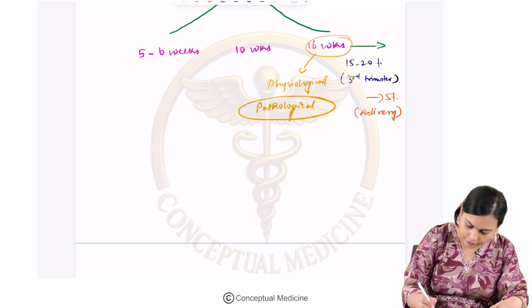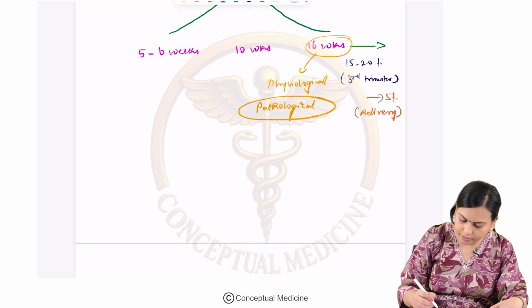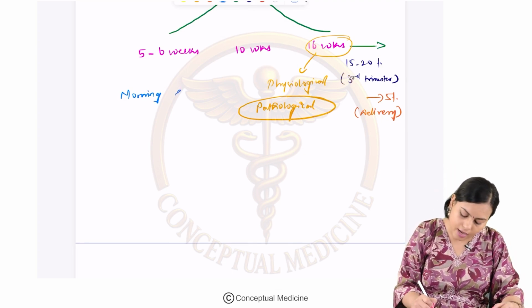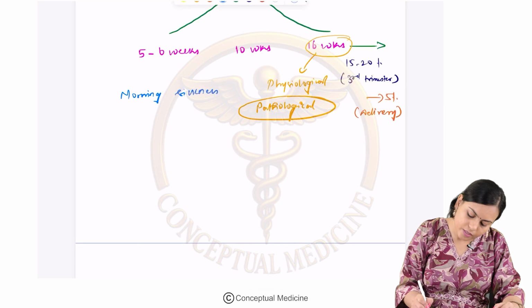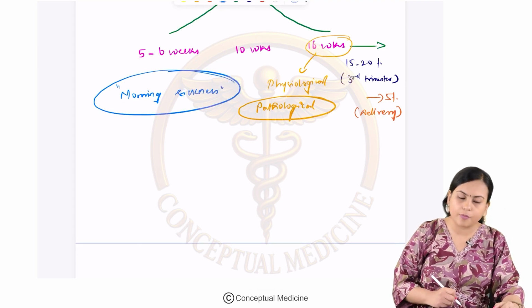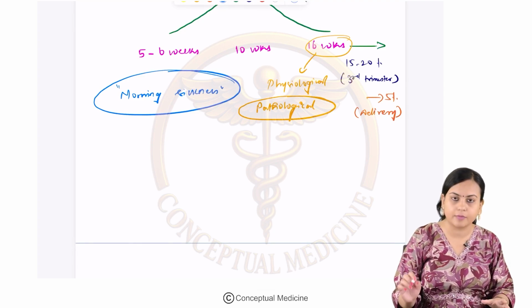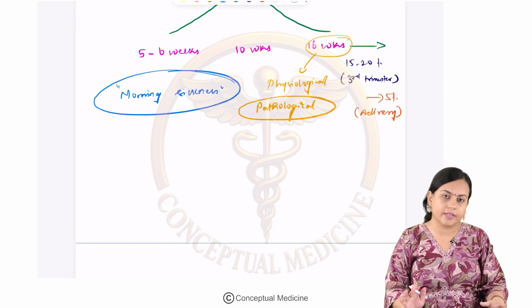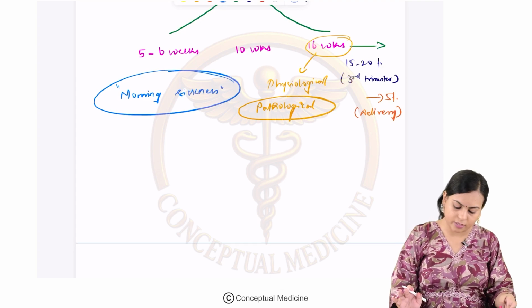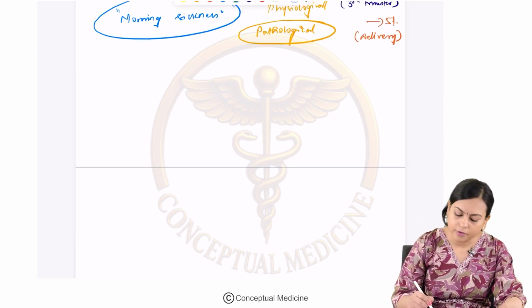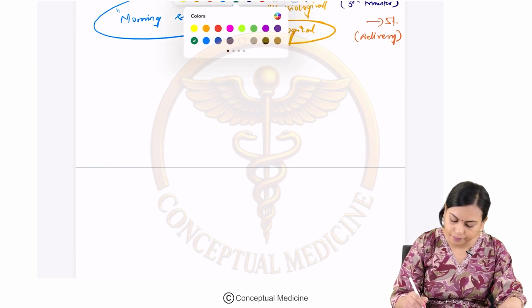Now, we have a common term, morning sickness, used to describe nausea and vomiting in pregnancy. But remember, this nausea and vomiting can happen any time during pregnancy, not necessarily in the morning. So this name is a misnomer. Understood? So, how will we treat nausea and vomiting?